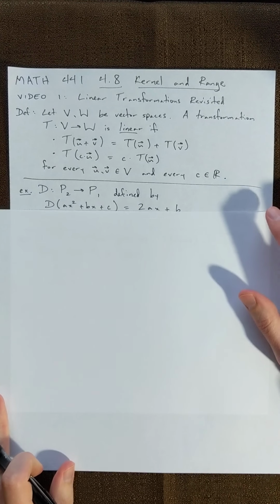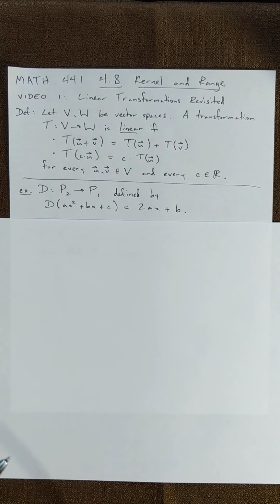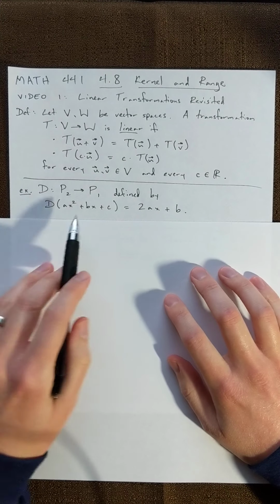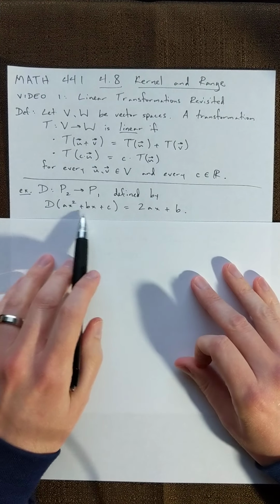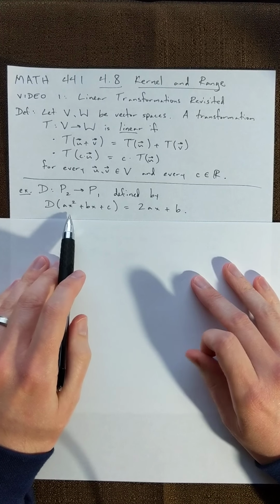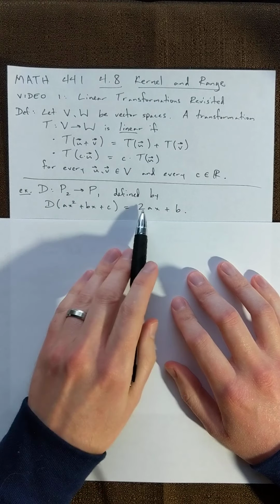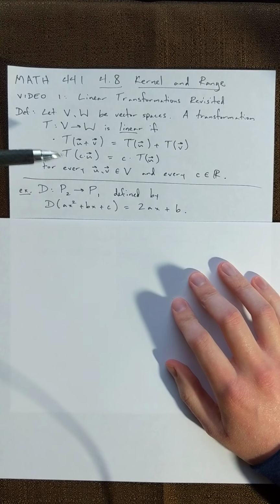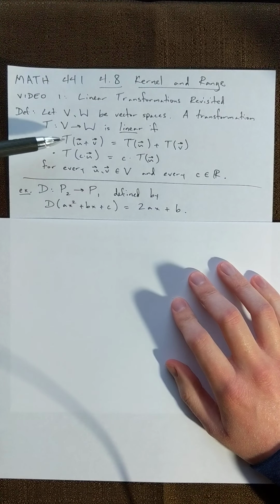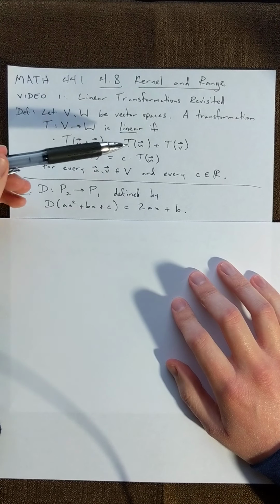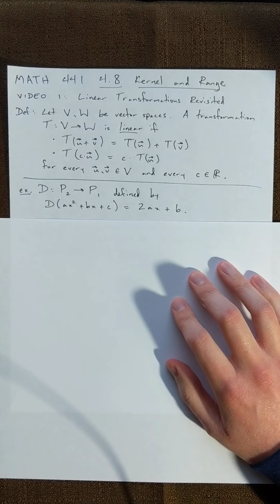But it turns out we've already seen lots of functions that do this that aren't just functions from vector space to vector space. So for instance, our differentiation function, the act of taking a derivative, turns one polynomial into another polynomial. And we know we have a sum rule. The derivative of a sum is the same as the derivative of the individual parts.